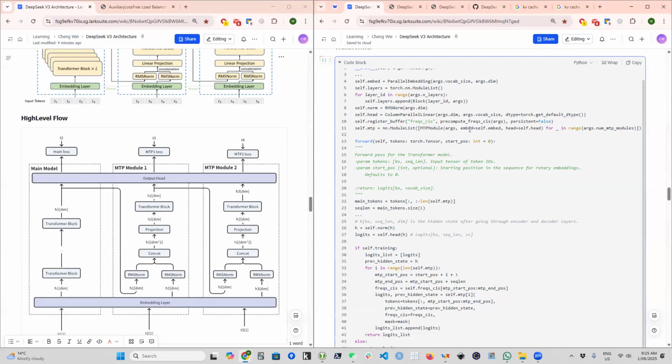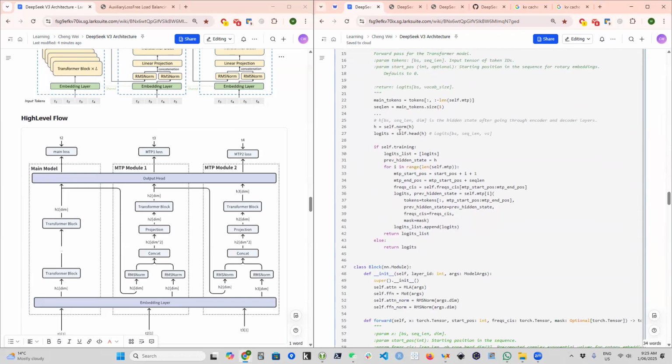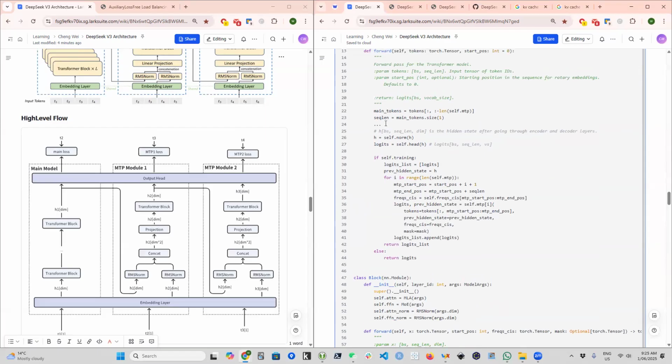Say we only have 2 here. I omitted some of the code, so only the multi-token prediction is left. So the multi-token prediction is only used in chaining, right?